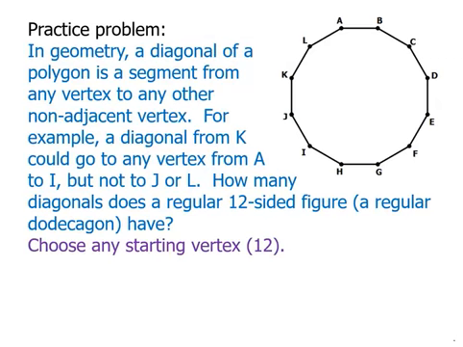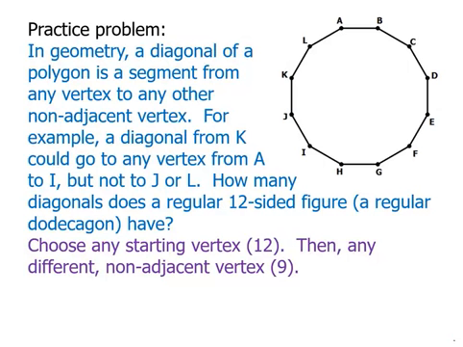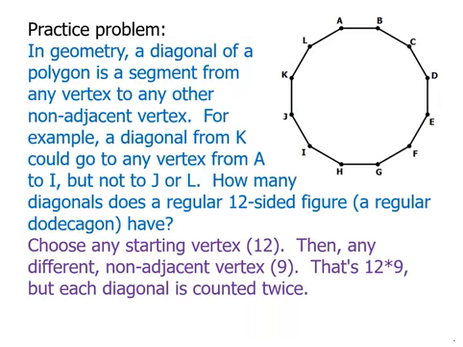So choose any starting vertex. For that, we have 12 choices. Step 1. Then, how many non-adjacent different vertices does it have? If we start at A, for the second vertex, we can't pick A again. We can't pick B or L, which is right next to A. So there are 3 that we can't pick, so there are 9 that we can. And so that's 9 times 12, but just like the handshakes, everything's getting counted twice.